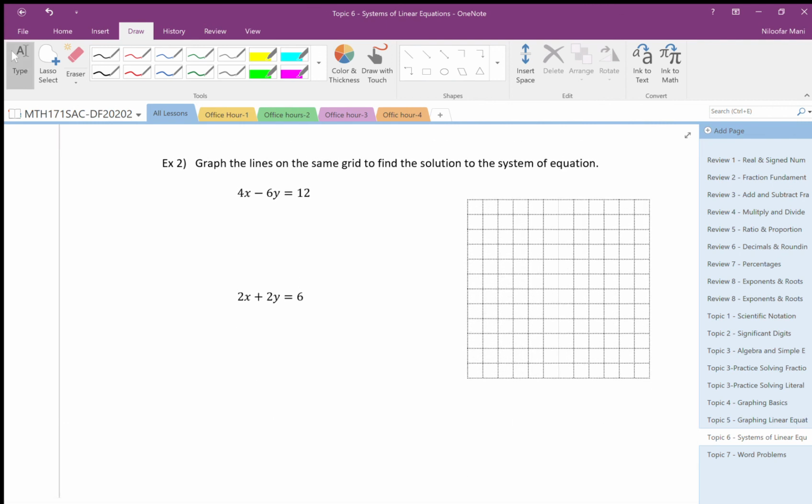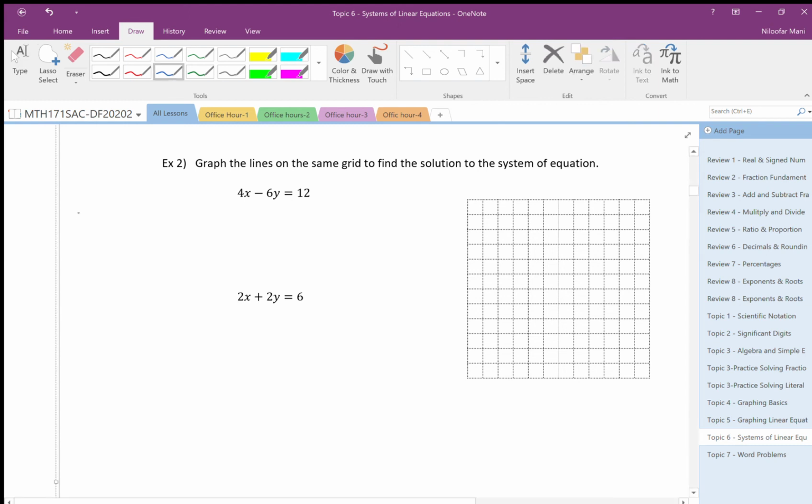Oh, for this one I see another way. I see it in a standard form, not a slope-intercept form. Doesn't matter. If I want to graph it, I can find a slope and a y-intercept. How do I do that?